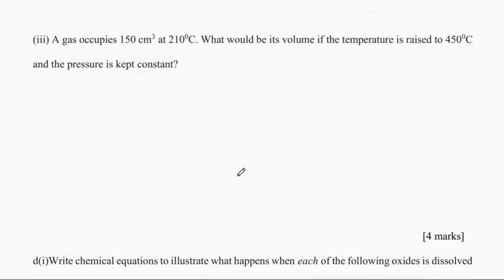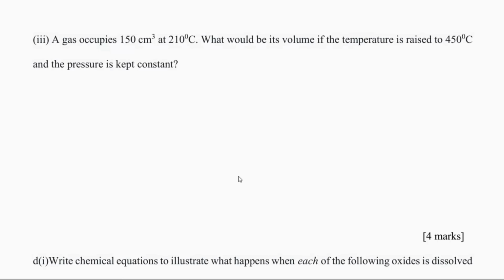Now the next question says, a gas occupies 150 centimeters cube at 210 degrees Celsius. What will be its volume if the temperature is raised to 450 degrees Celsius and the pressure is kept constant? Whenever we see pressure being kept constant, we know that we are dealing with Charles' law.